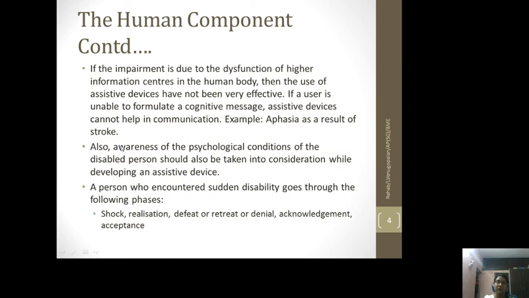If a person is in denial, if a person doesn't want to accept that he or she is actually disabled, it is very, very hard, or nearly impossible, to encourage the patient to participate in the rehabilitation regime. Only when they have accepted that yes, they have this issue, can you actually treat them. So the psychology of the patient is also very, very important.